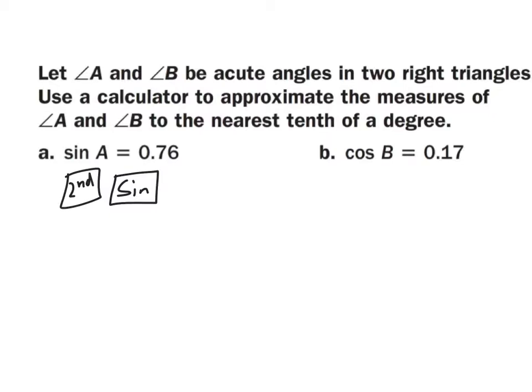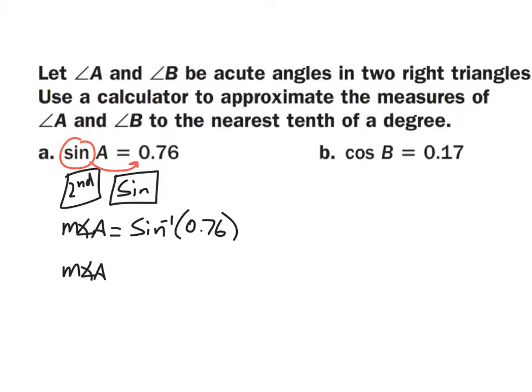The way I show my work here is I take the sine and move it to the other side. So now I know the measure of angle A is going to equal the inverse sine of 0.76. Second sine gives me inverse sine 0.76. That means that the measure of angle A, rounded to the nearest tenth, is 49.5 degrees.